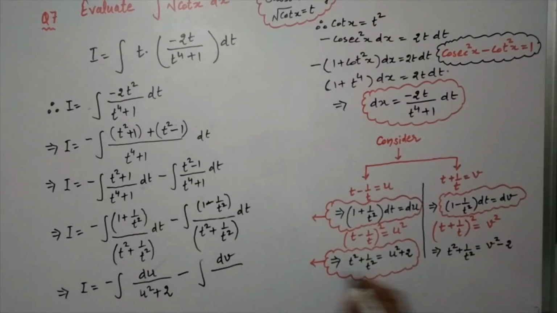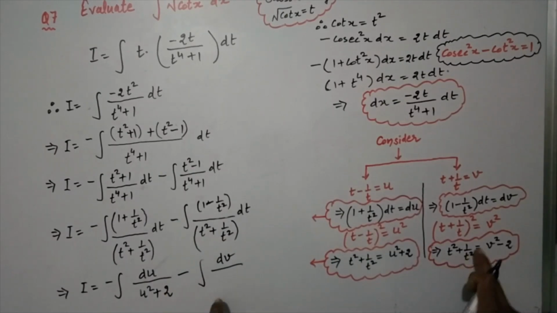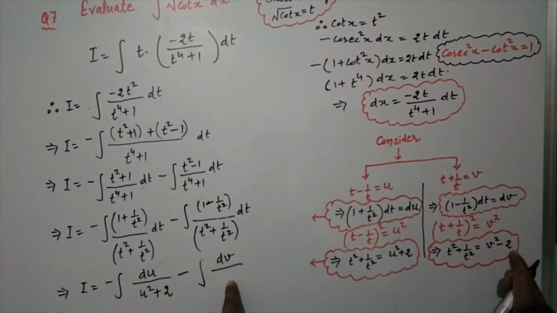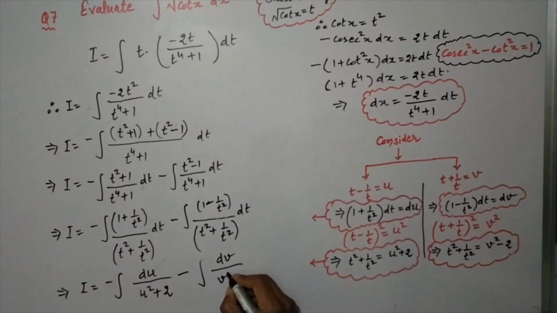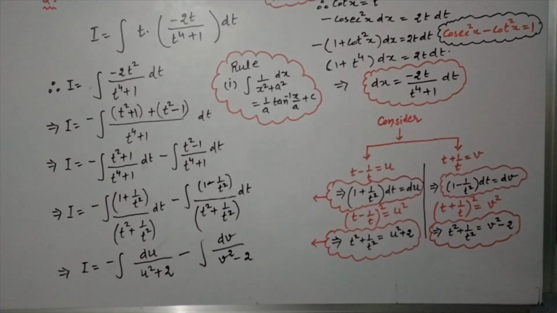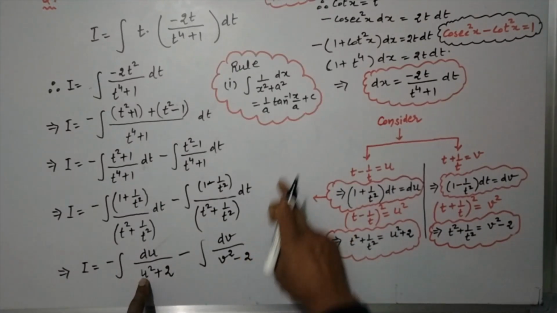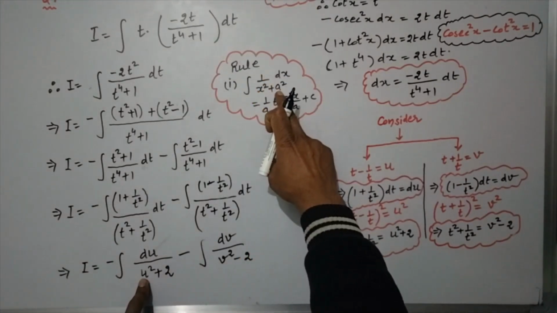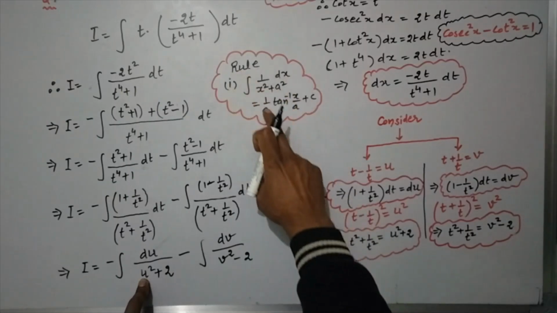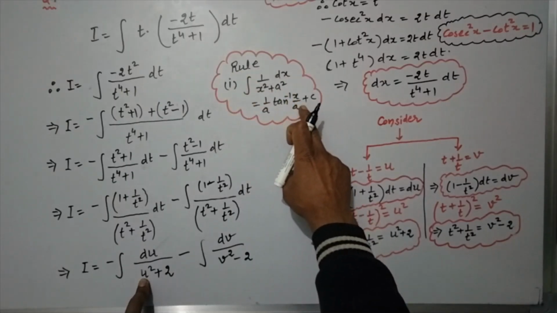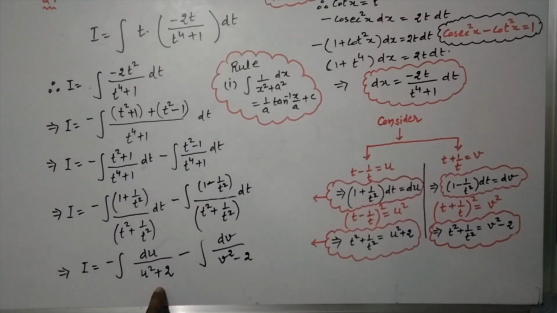Minus 1 minus 1 upon t square into dt equal to dv, divided by t square plus 1 upon t square, which equals v square minus 2. So v square minus 2, right?